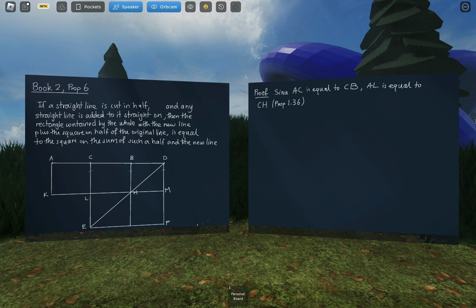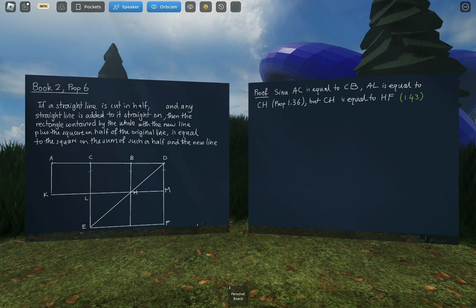In any case, AL is equal to CH, but CH is equal to HF. That's by 1.43. Let me see, why is that? That's the opposite parallelograms: opposite the diagonal inside a parallelogram are equal. We talked about that last time, right?